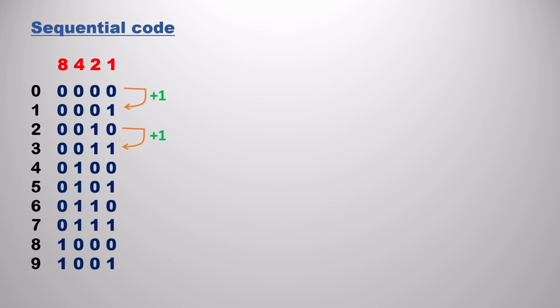If you add 1 to 0, you move to the next step. If you add 1 to 2, you get 3. Likewise, if you add 1 to any digit, you get the next digit only.